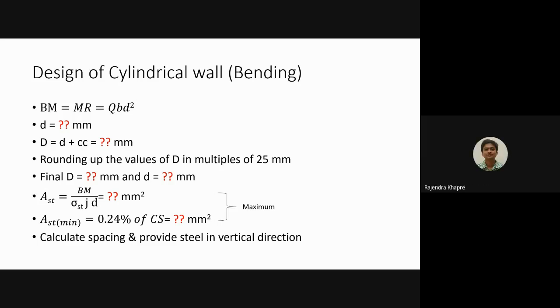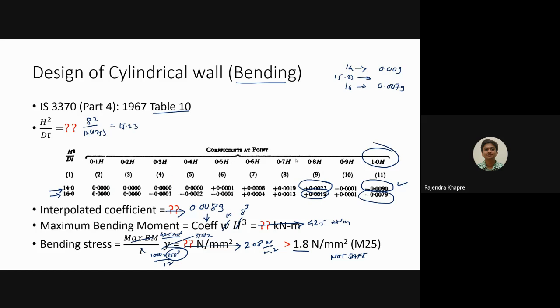So you see, you have to redo this thing. For the time being I am not doing this, but in actual practice you have to do this. Remember this. Just for academic purpose I am continuing the old value of bending moment and continuing the design, but ideally you have to redo the entire design right from the calculation of the hook tension.